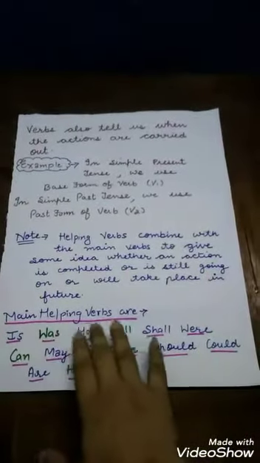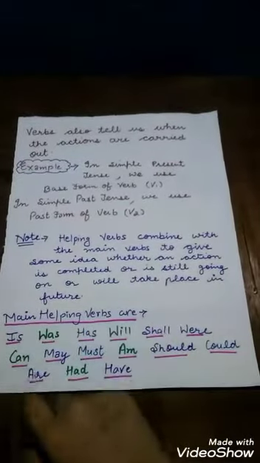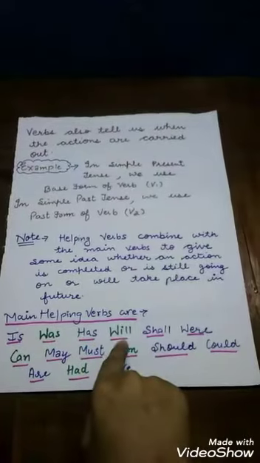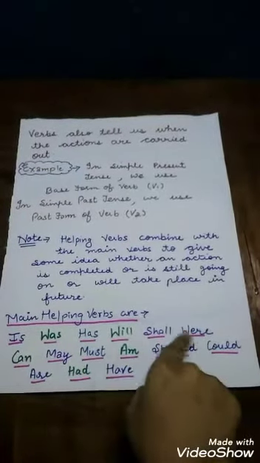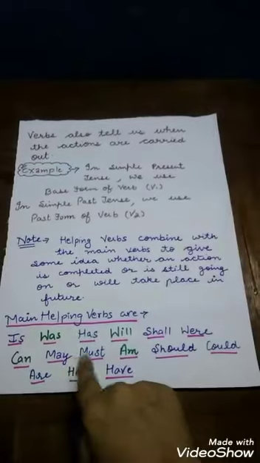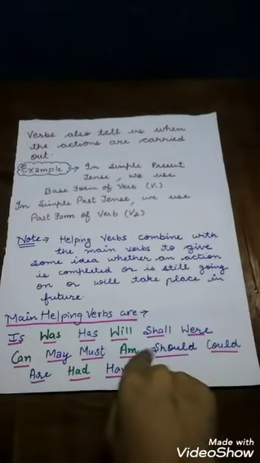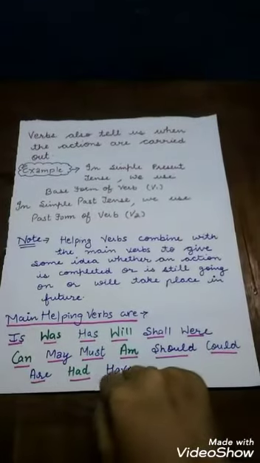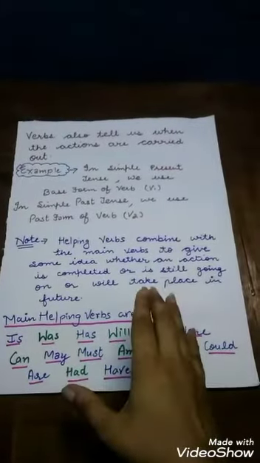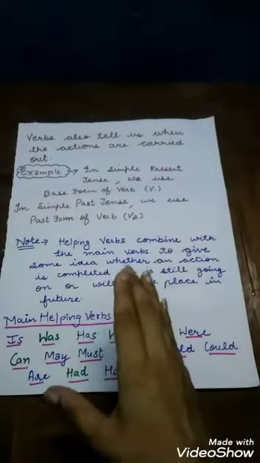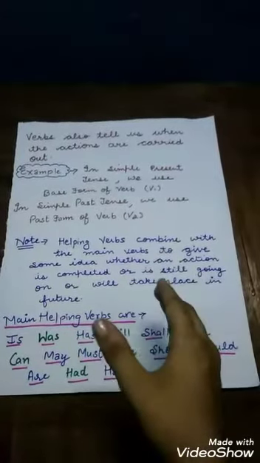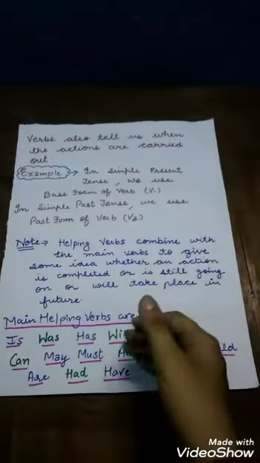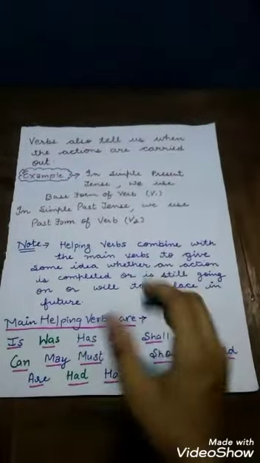Some of the most commonly used helping verbs are as follows: is, was, has, will, shall, were, can, may, must, am, should, could, are, had, have. These are the verbs that are used with the main verbs to give some idea whether an action is completed or is still going on or will take place in future.